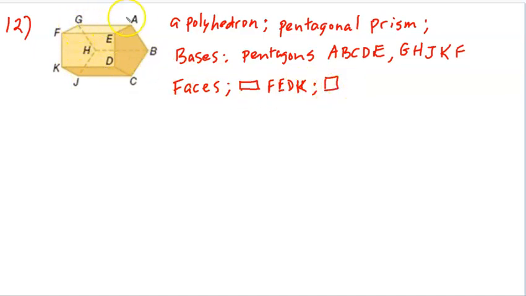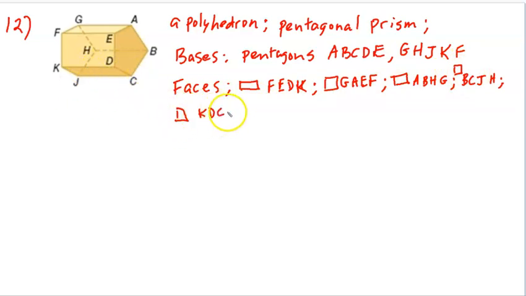And then we can say G, A, E, F. And then over here we could say A, B, H, G. Then down here on the bottom we could say B, C, J, H. And then right here, K, D, C, J. All right, and I think we got all those.